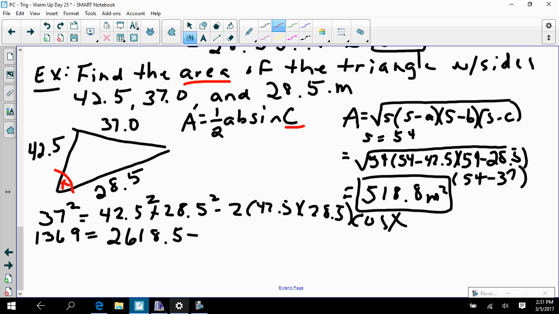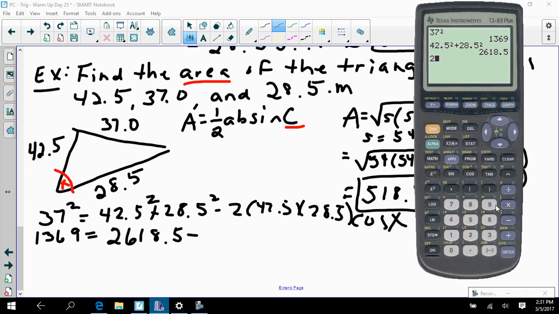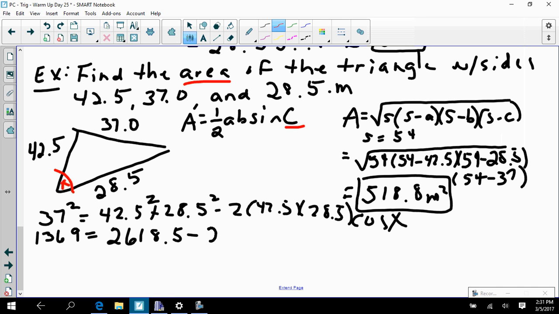I can multiply those numbers together. So 2 times 42.5 times 28.5 is 2422.5.